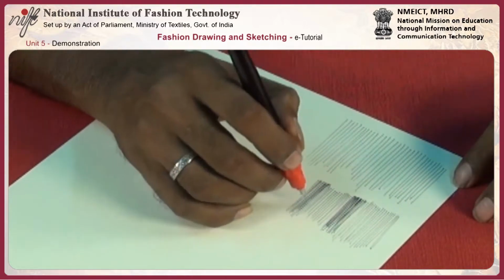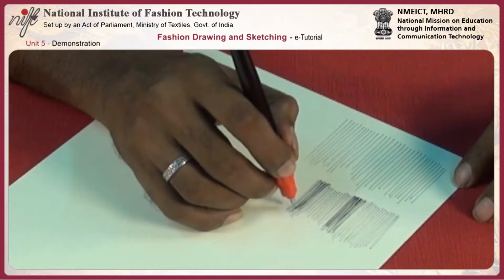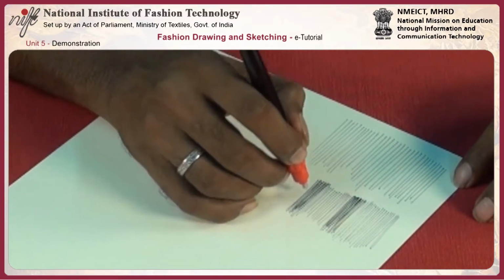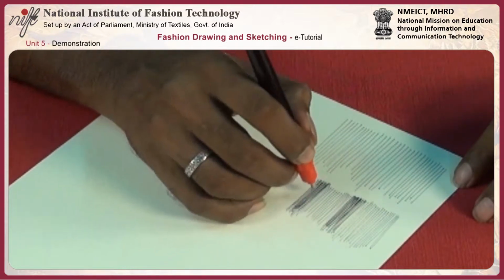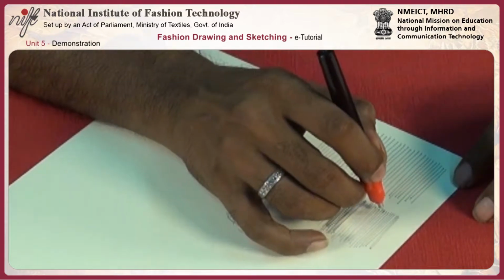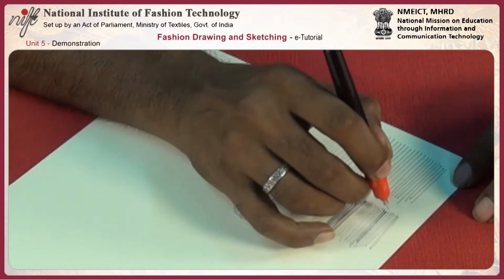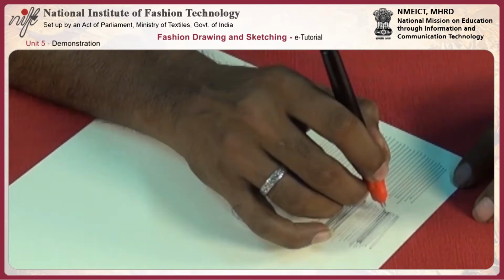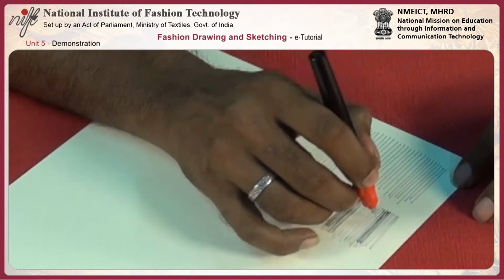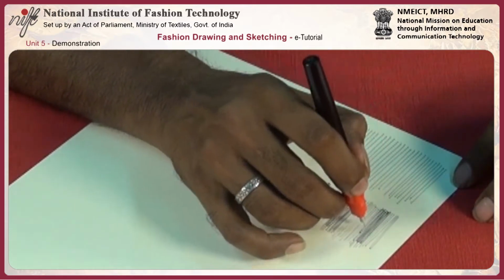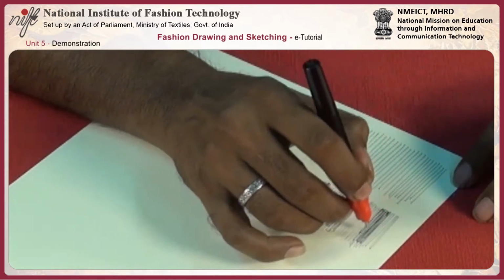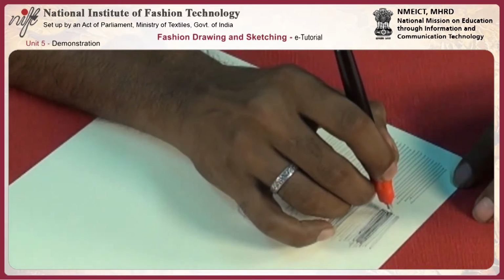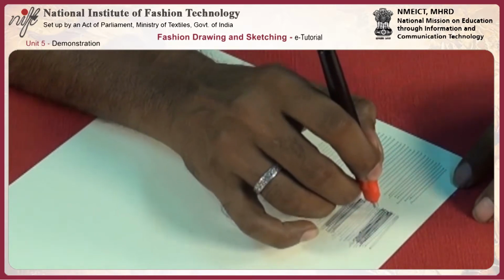You can see that by drawing lines very close to each other, I have created two stripes, or in other words, you can see lightness and darkness in this strip of rendering.